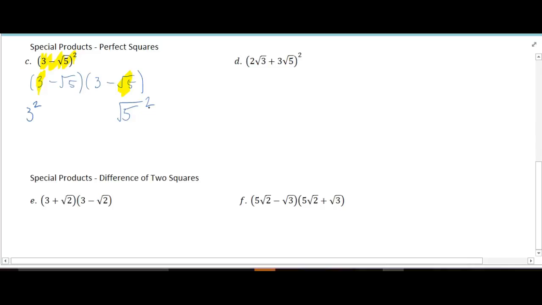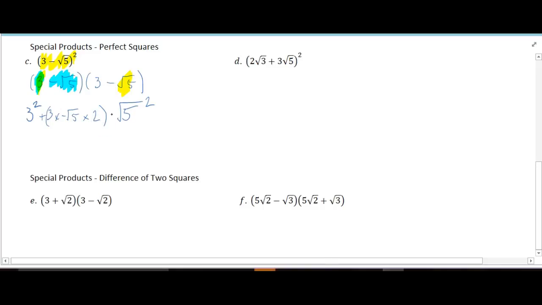Now, the middle term is the trickiest, and it's not always obvious why you do this, but to find the middle term, you multiply this first number by this second one, and you times by 2. So writing that out, you get plus 3 times root 5 times 2.